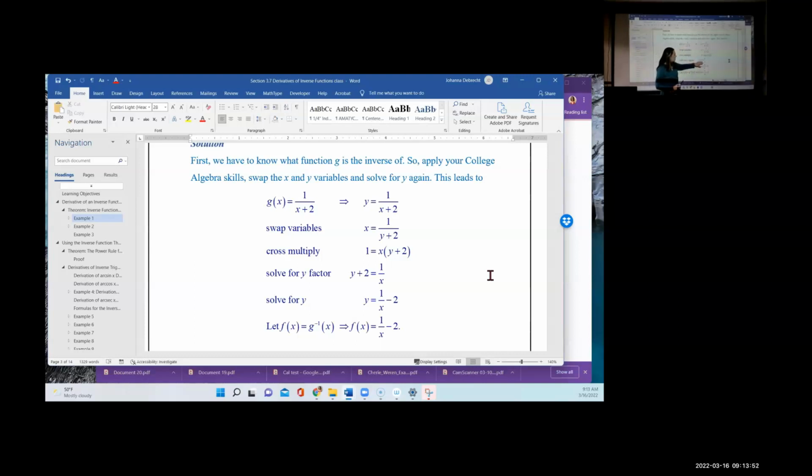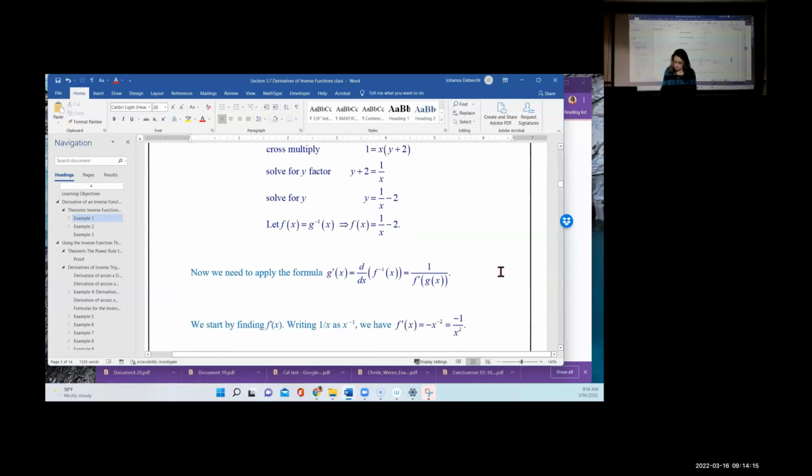And so we solve for the y plus 2 factor, which gives us y plus 2 equals 1 over x. Then we subtract the 2 and we get y equal 1 over x minus 2. So this becomes our function, 1 over x minus 2. So this is the function for which the original was the inverse. All right, so the original is the inverse and this is our function.